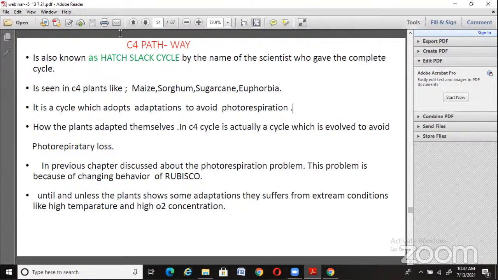At that time, Rubisco acts as oxygenase, which is not suitable for normally growing plants. So plants under compulsory conditions of high temperature and high oxygen concentration should have some adaptations to escape from those situations. So that is the importance of C4.